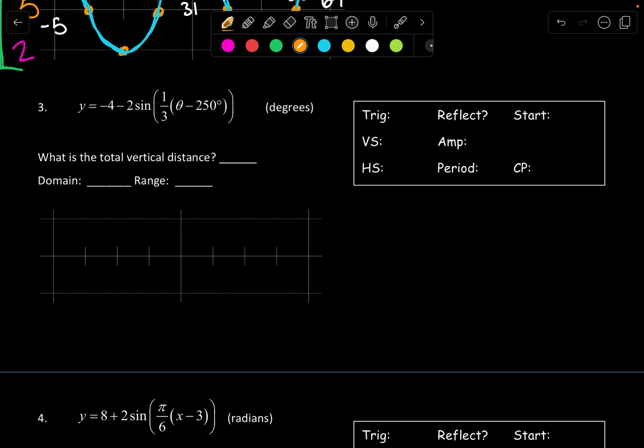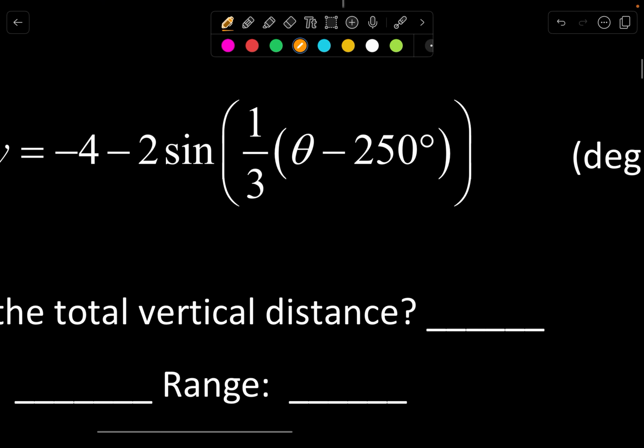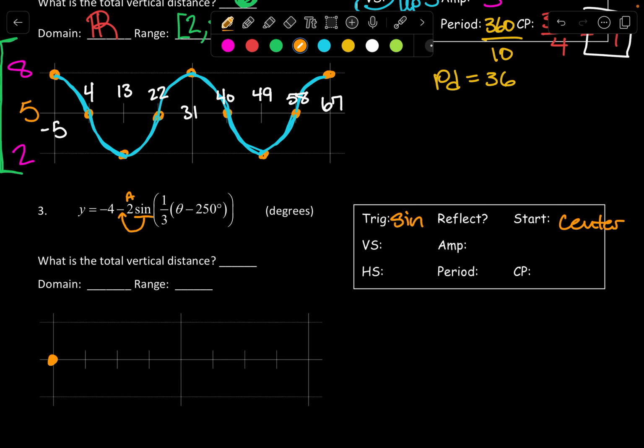Number 3 is a sine graph. Sine graphs start in the center. If you look at the sign, positive or negative, in front of your A value, that'll tell you if you're reflected or not. In this case, since it's negative, we have been reflected.